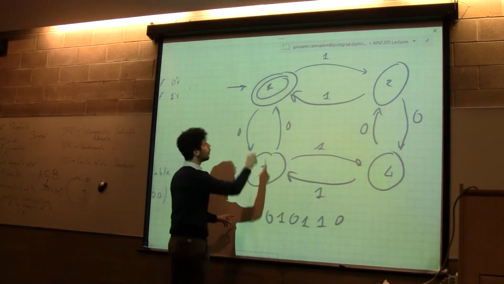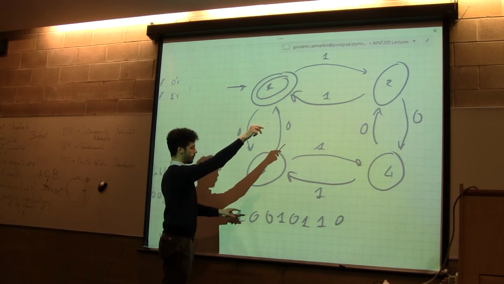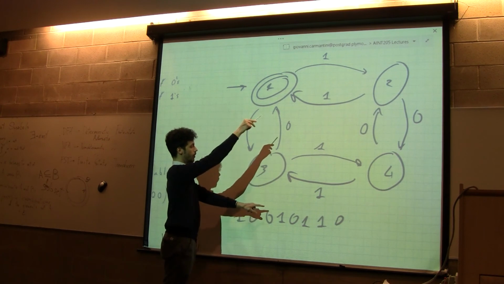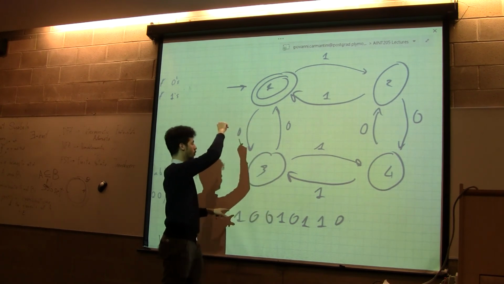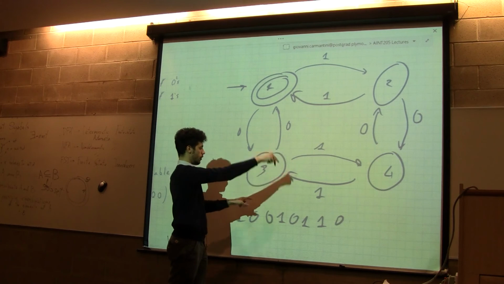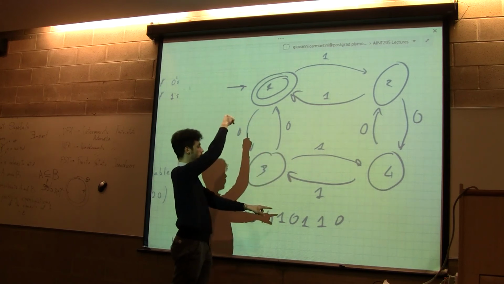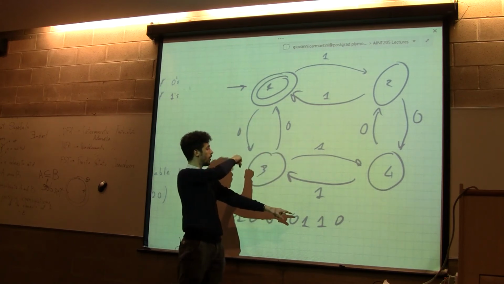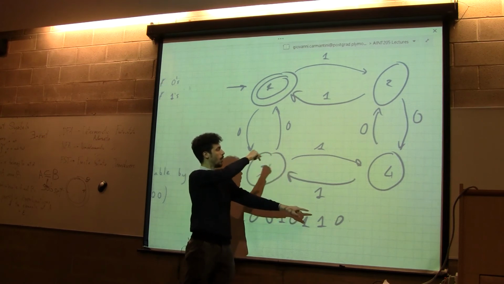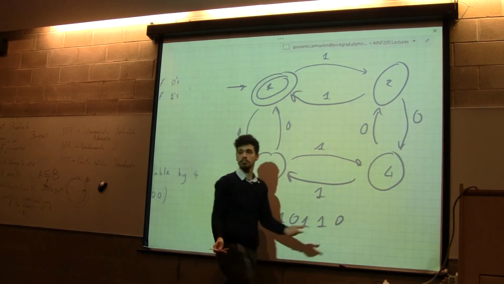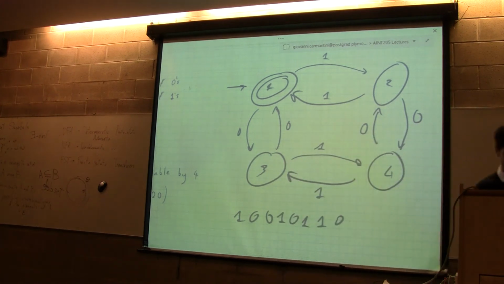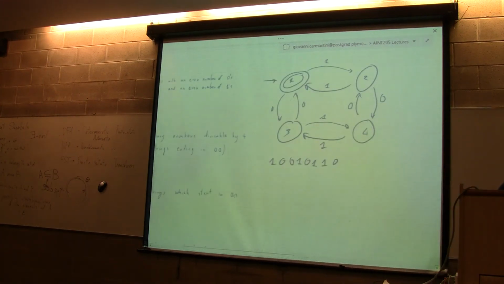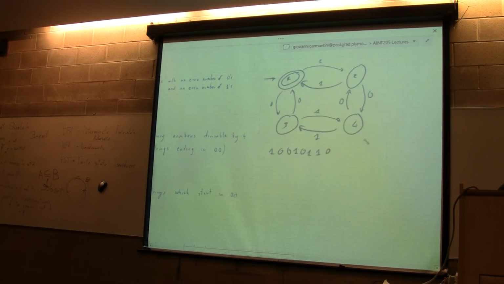So 1, and I go there. 1 0 0 1, right? Then a 0, 1, 1, and 0, and it is accepted. Okay? So every string will follow that pattern. Okay? So I think you more or less get the gist of it.